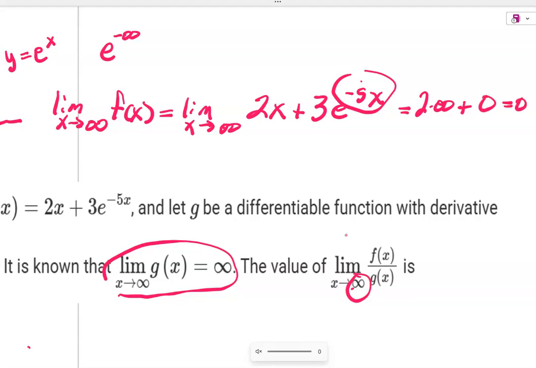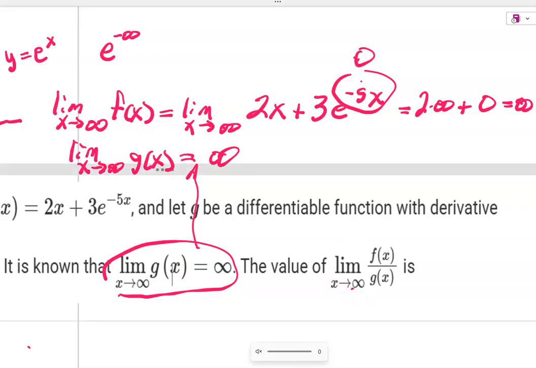That's just going to go to infinity, right? This thing's going to be going to 0. But they already told you in the given information. I don't know what g of x is, but I can tell you already from that given information, we've got that. So, wow, right now I know L'Hopital's rule will apply.